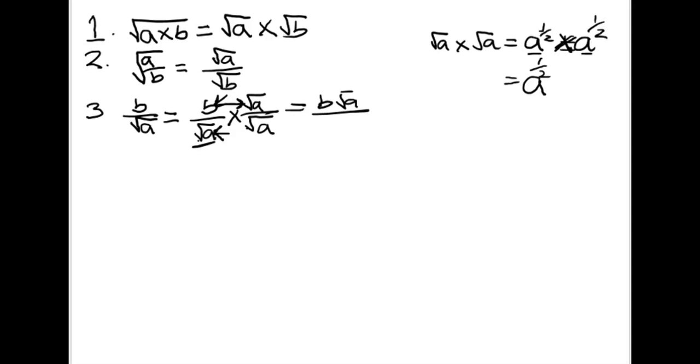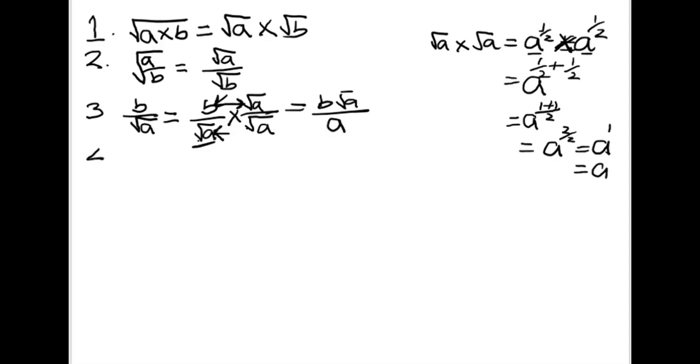The exponents can be different or the same, but once the bases are the same, we only add the exponents. So I'm going to have 1 plus 1 all over 2. This is equal to a raised to the power of 2 over 2, which is still equal to a. 2 over 2 is 1, or just a. So root a times root a is a.